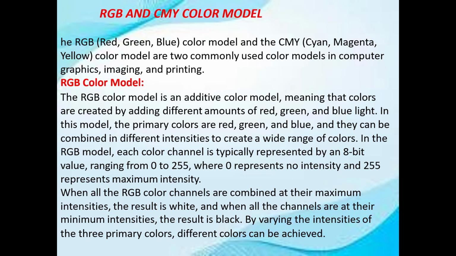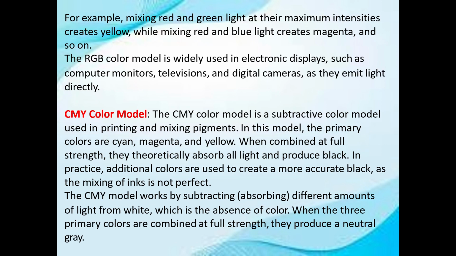By varying the intensities of the three primary colors, different colors can be achieved. For example, mixing red and green light at their maximum intensity creates yellow, while mixing red and blue light creates magenta, and so on. The RGB color model is widely used in electronic displays such as computer monitors, televisions, and digital cameras, as they emit light.